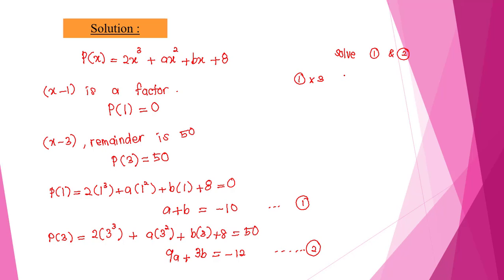Both sides I will multiply by 3. So I'll get the new equation, 3a plus 3b equal to negative 13. I'll make this the third equation.